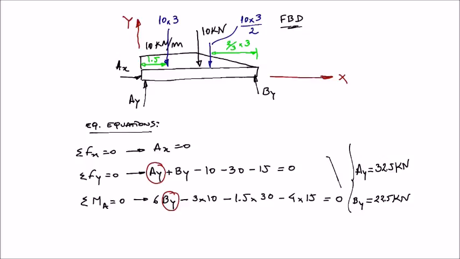Okay, so let's continue our analysis now. So we can now say that our beam will have this reaction 32.5 at point A, we'll have 22.5 at point B, the distributed loads, so something like this, 10 kilonewtons per meter.